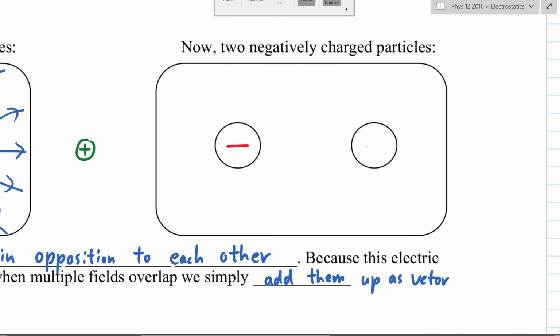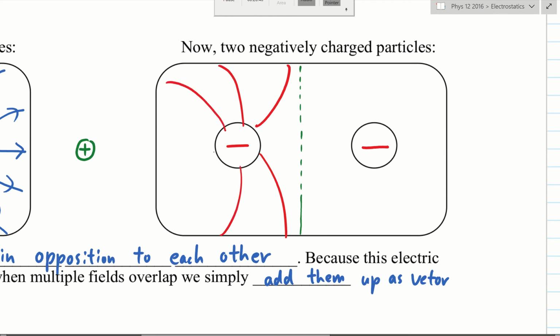So for electron, it looks like this, right? You have the electric field going into the charge. So the lines are all the same. It will look almost the same, like that.